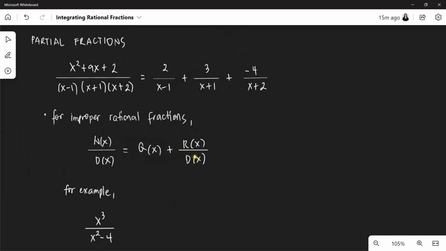For example, if we have 4 over 3, it's an improper simple fraction. So we need to divide 4 by 3. We get 1 and 1/3, right? So we have a whole number and a fraction. So we can already apply the different formulas in integration.